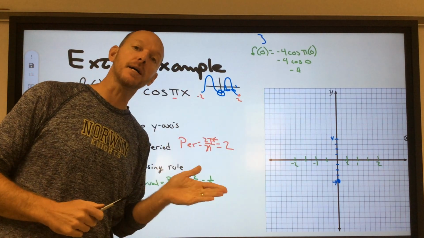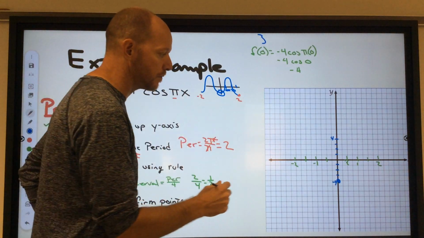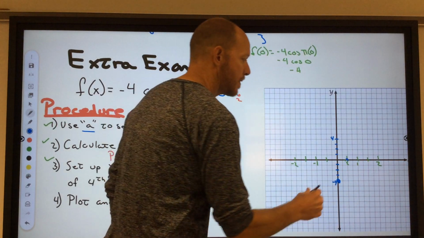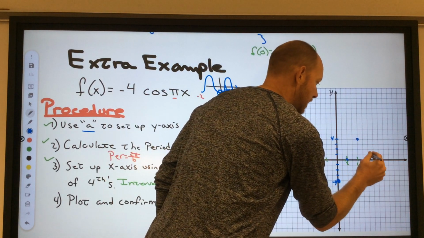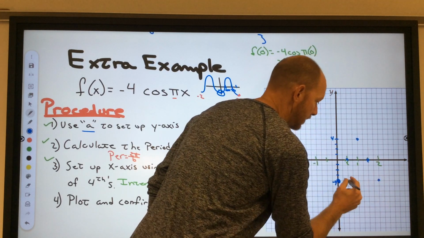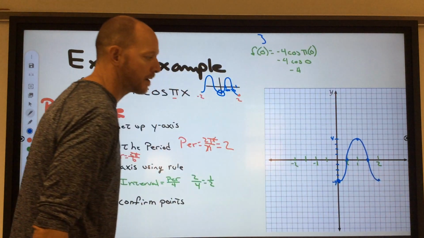Now what's really nice about this is I know negative 4 is my minimum value. So if that's the bottom of my period, I can only go up to my next critical value, which is going to be the middle point at a half. Then I'll go to the maximum, back to the middle, down to the minimum. So there's my right side.